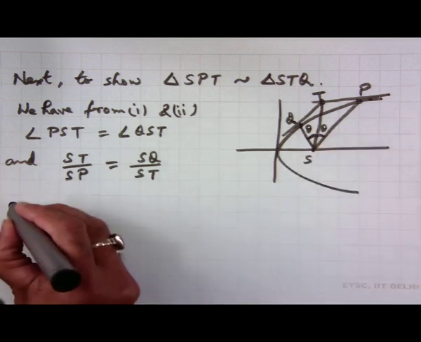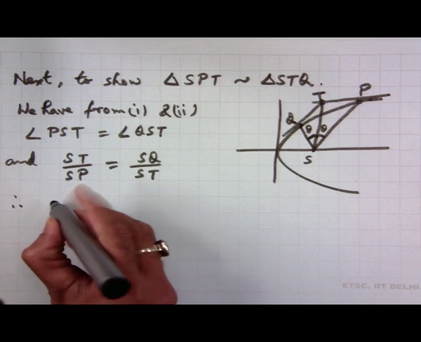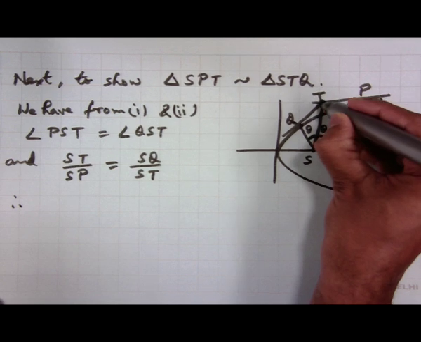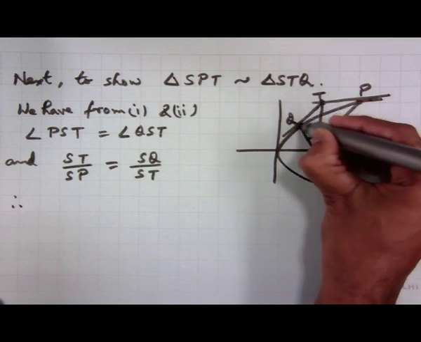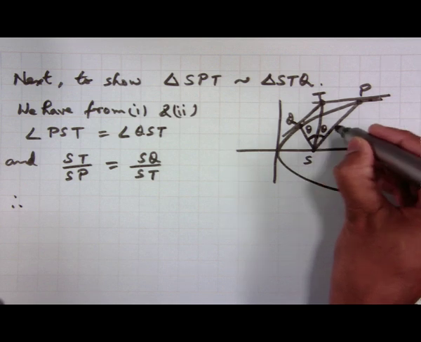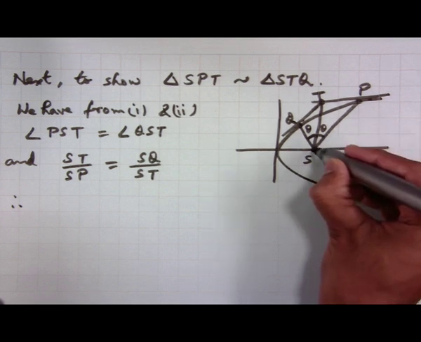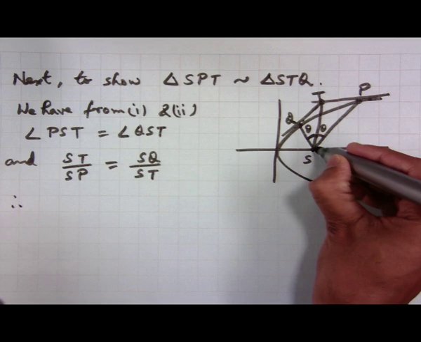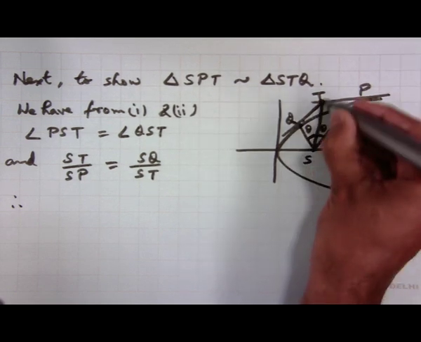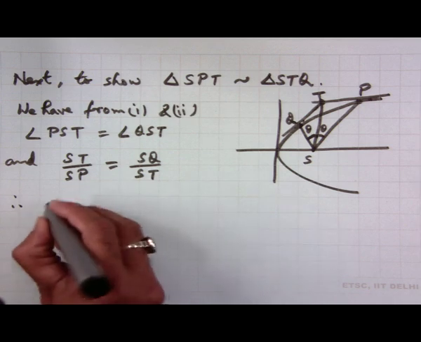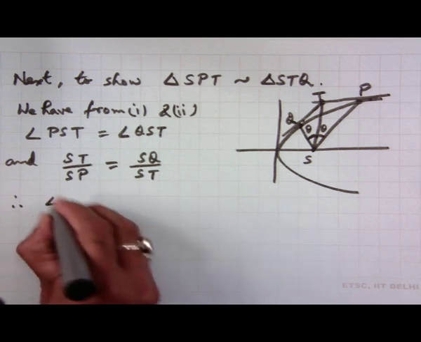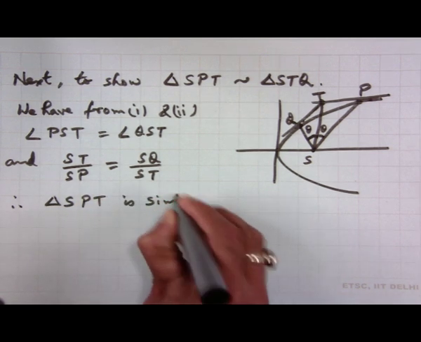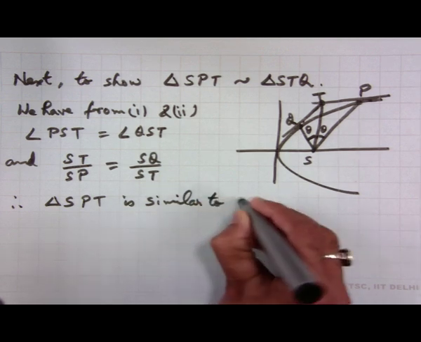Therefore, we have this ratio ST over SQ in this triangle is the same as the ratio ST over SP, which is the same as SQ over ST. So, therefore, these triangles, SPT is similar to triangle STQ.